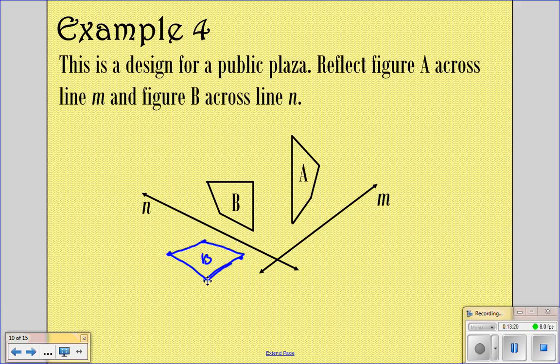This point should be maybe a little bit further this direction to make it a right angle, like it is right there. Okay, and then for A, we do the same concept. And so then you connect your vertices.